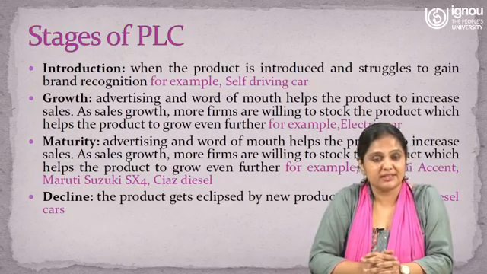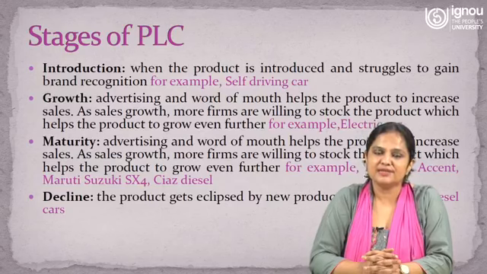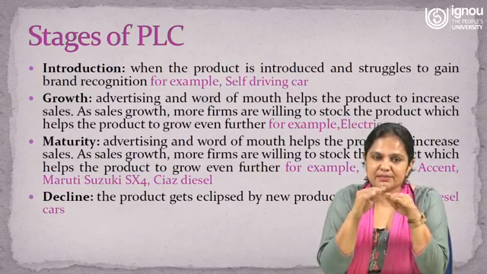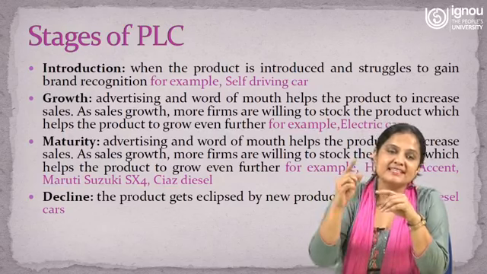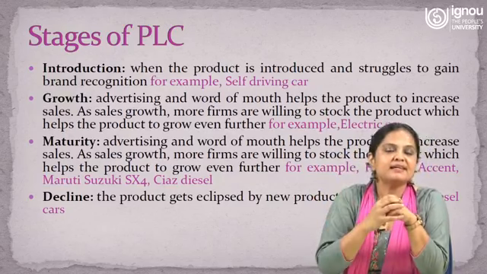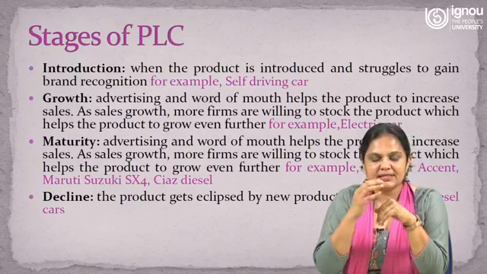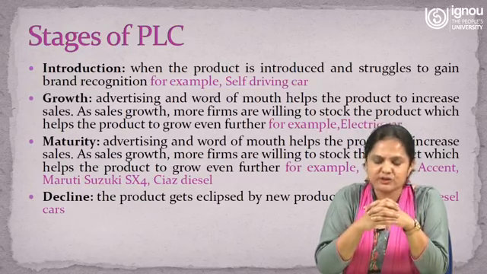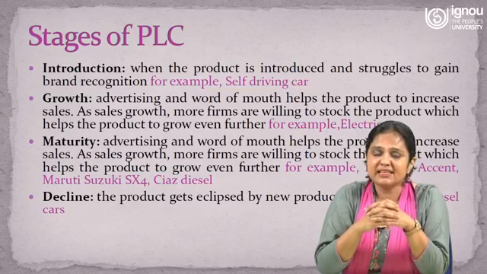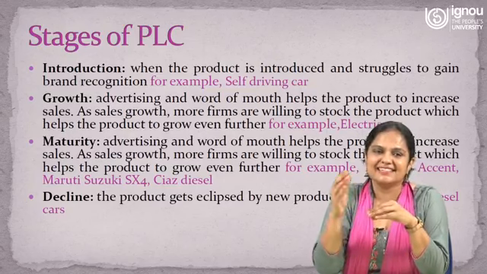Then comes the maturity stage. In the growth stage, the sales of the product are increasing at an increasing rate. But in maturity, the sales are still rising, but not at an increasing rate, right.